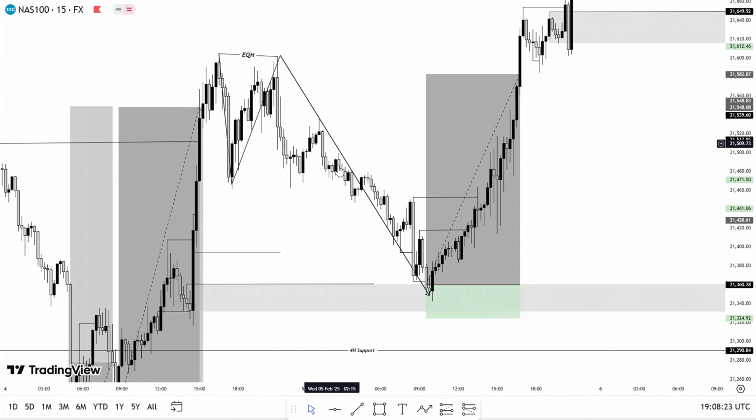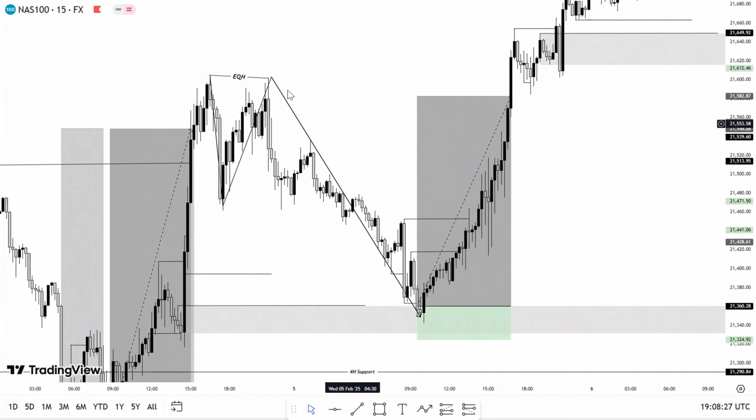It created these lower lows and higher lows, right? So this equal high, or double top, is actually a liquidity area for the market to sweep. All right, the market needs to sweep that particular level.